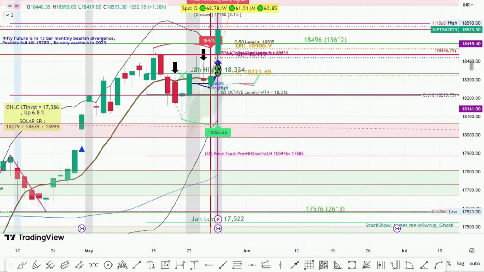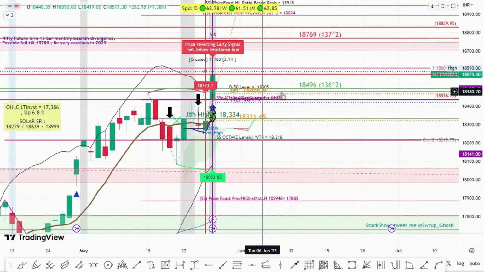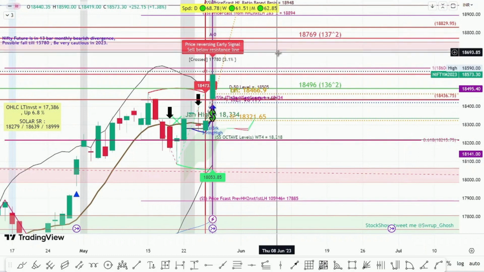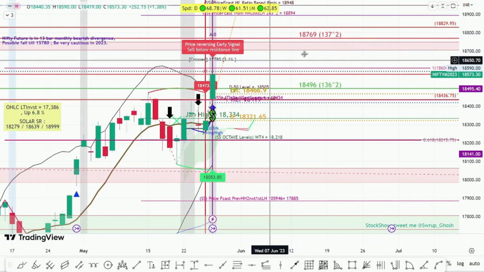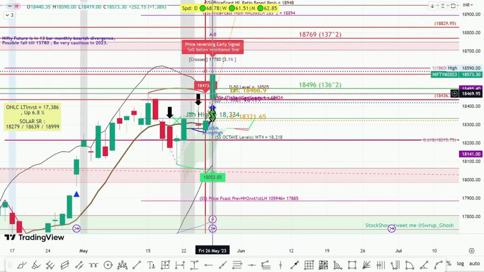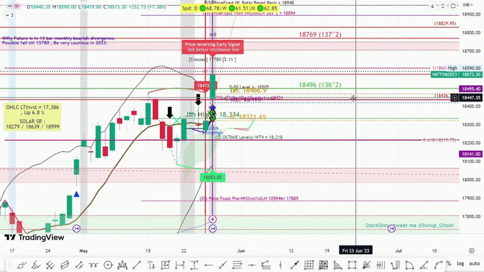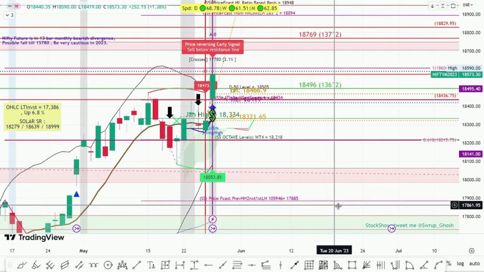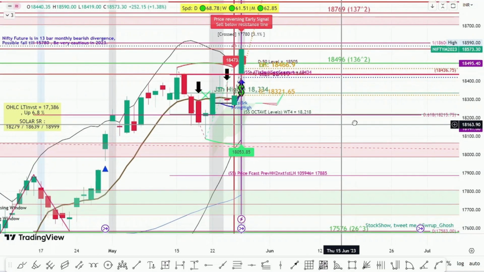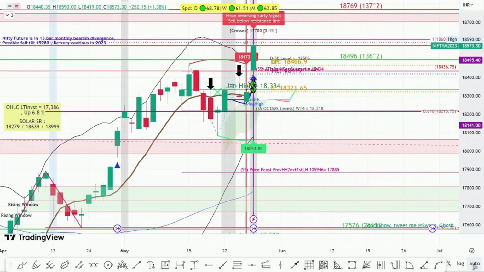What I will do is wait till my bull trap line is closed and this gap created on December 15th gets nullified or broken. If that is not happening, there are two combinations: Nifty can go sideways for some time and then go up, or it will take a retracement.